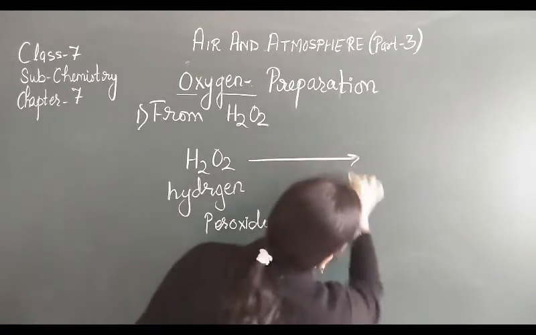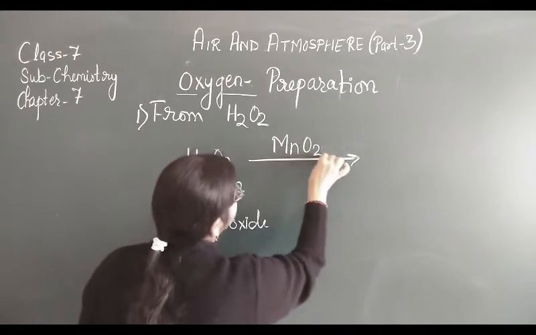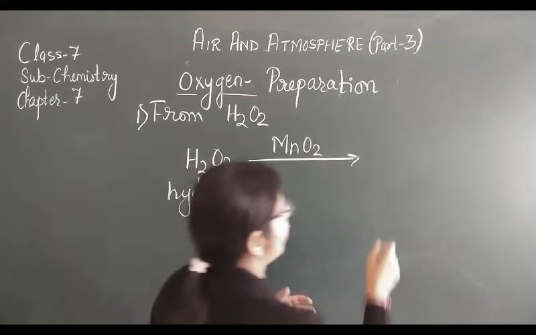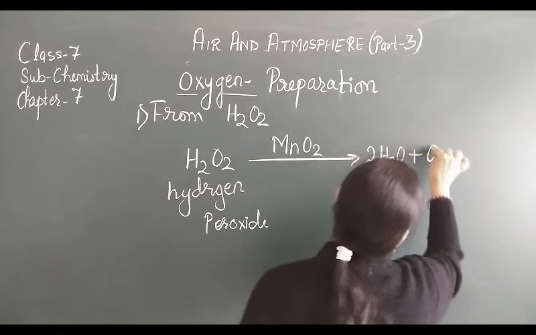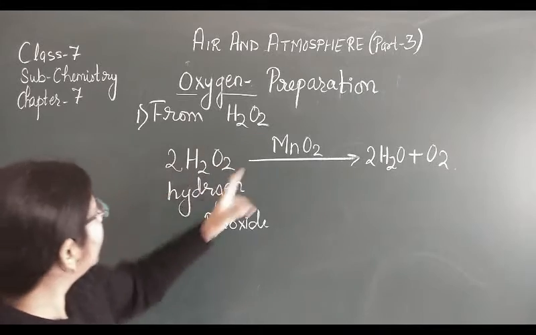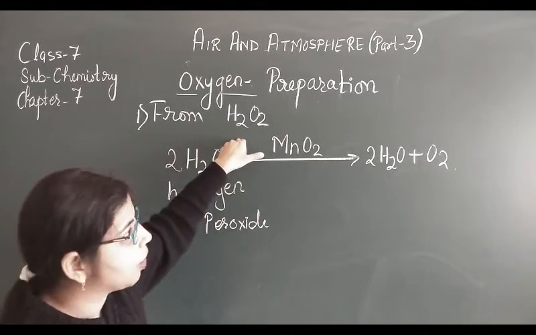In the presence of MnO2, which is the catalyst, it releases water plus oxygen. So this is the first preparation of oxygen by using hydrogen peroxide.